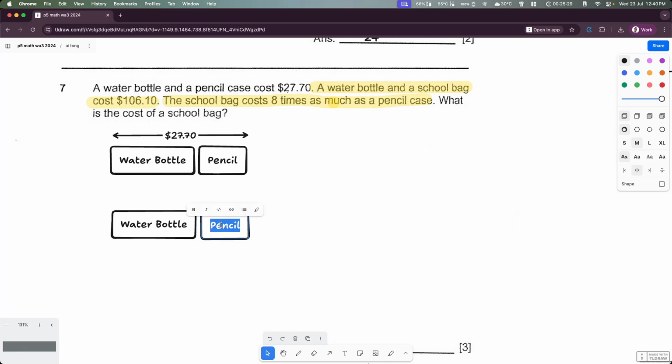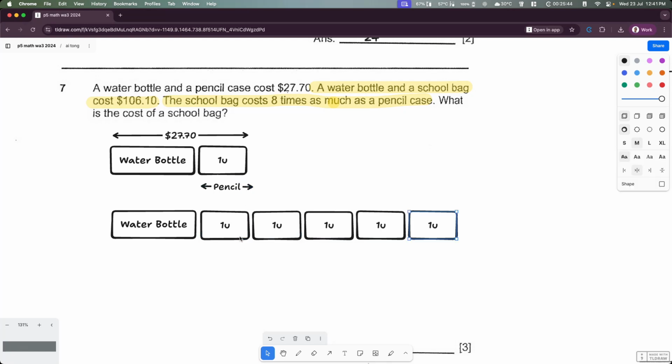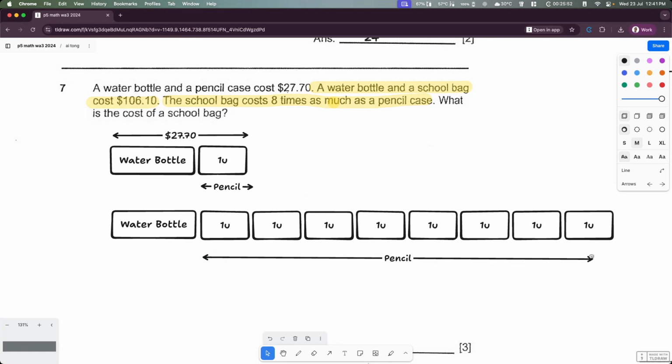So this one unit, we know the pencil case is also 1 unit. I'm just gonna use this arrow to say this is the pencil case. So I'm gonna write here, pencil. All right, great. This is pencil, and then unit 1, 2, 3, 4, 5, 6, 7, 8, and this whole thing is the school bag.